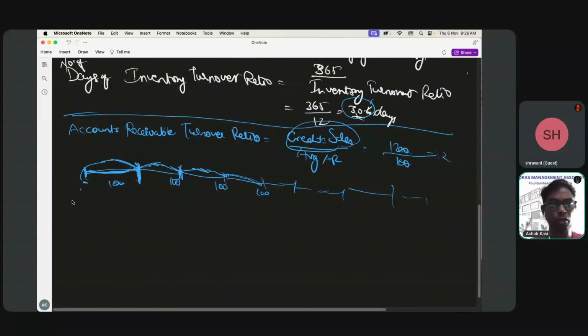So after every how many days? Days of accounts receivable turnover ratio is equal to 365 divided by accounts receivable turnover ratio.